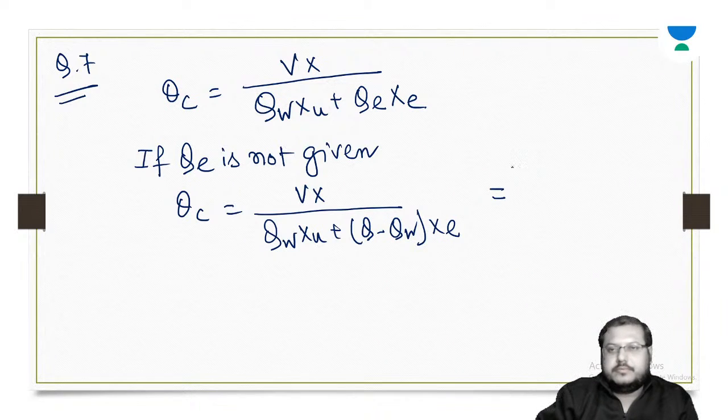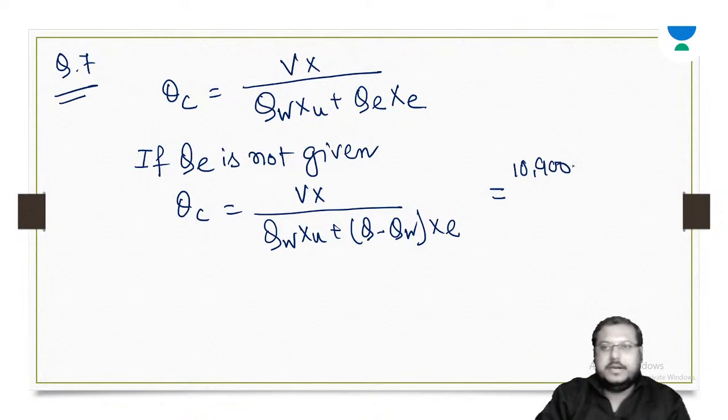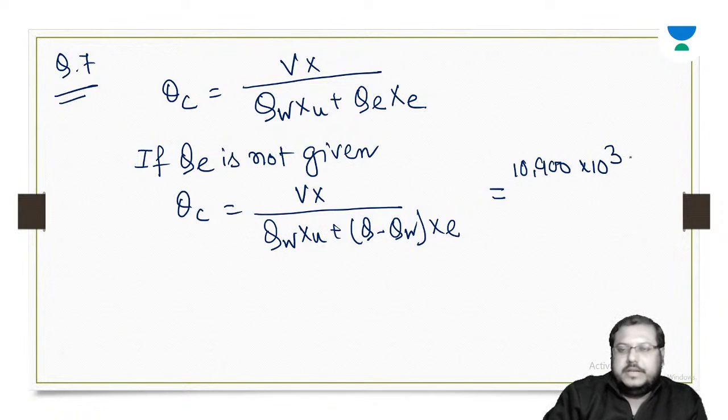V is how much? 10,900 meter cube, so it has to be in liters, into 10 to the power 3 liter into milligram per liter. X is given as 2,500 milligram per liter.